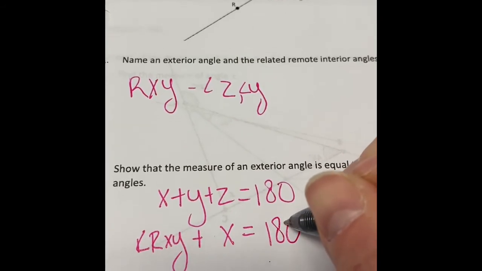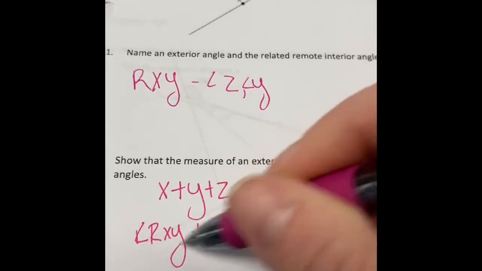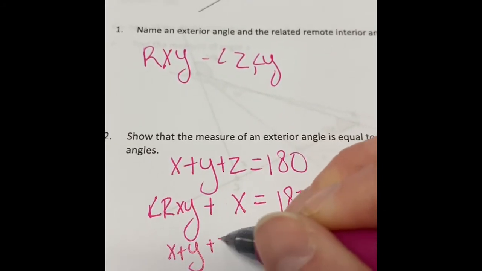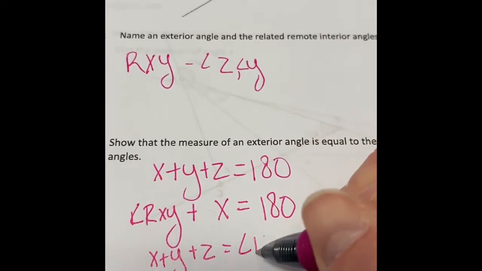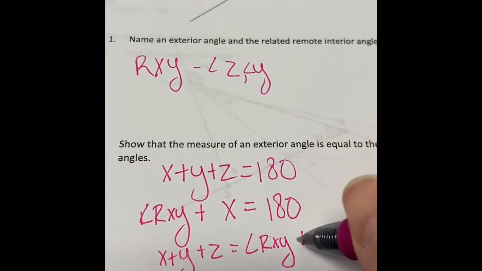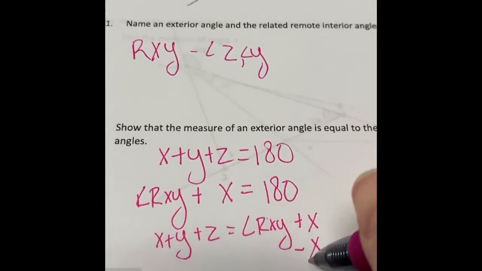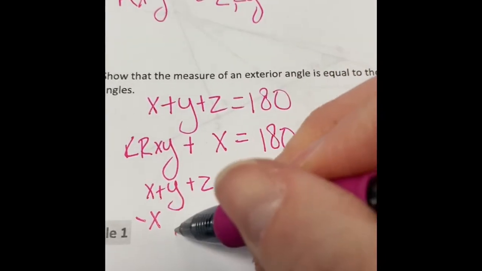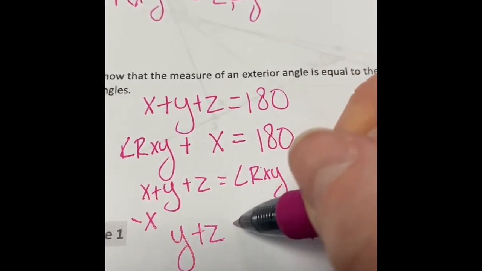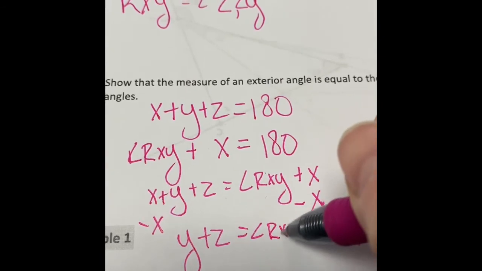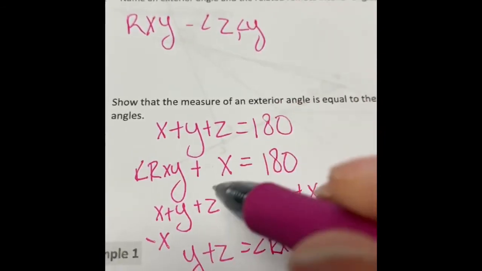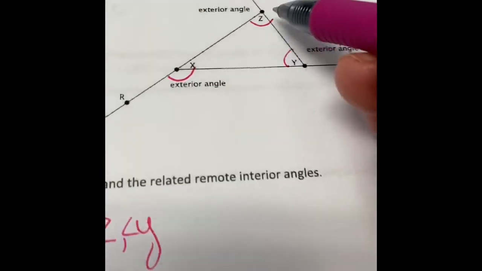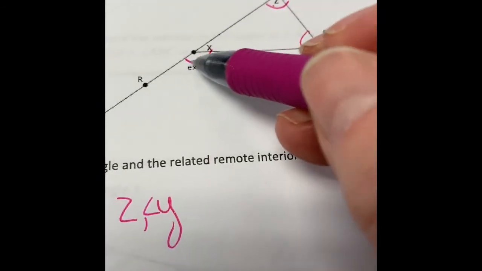So we're doing just exactly what we did before. We set these two equal to each other: X plus Y plus Z equals angle RXY plus angle X. We subtract X from both sides. Y plus Z is equal to angle RXY, which is what we said. These are the two remote interior angles, the ones that are far away, and that's our exterior angle.